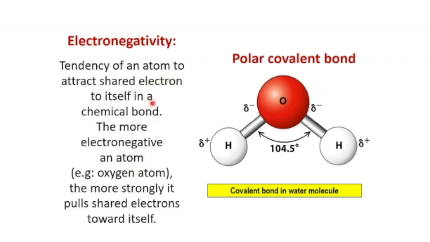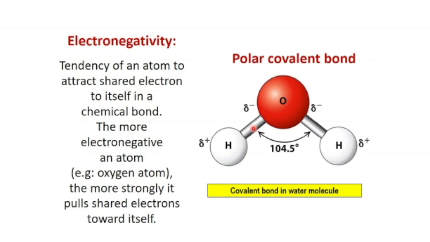Back to the structure of the water molecule, we know that the bond that joins the hydrogen atom and the oxygen atom is called a covalent bond. This bond is formed by sharing of valence electrons between the hydrogen atom and the oxygen atom.